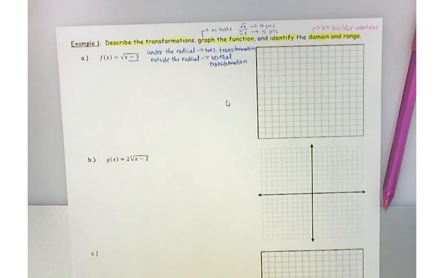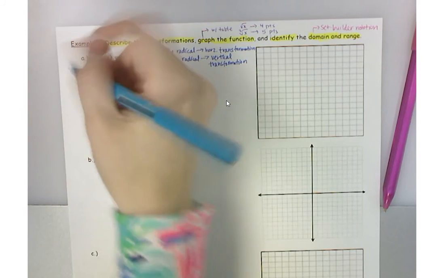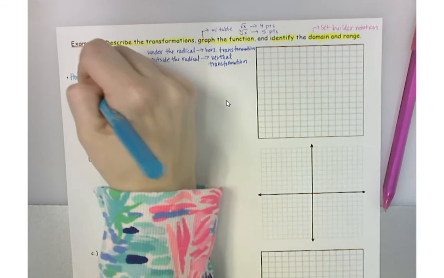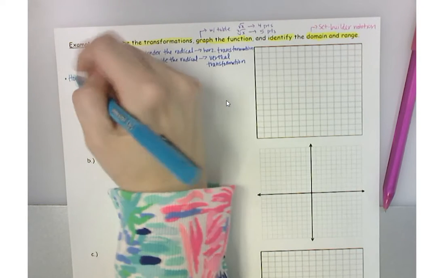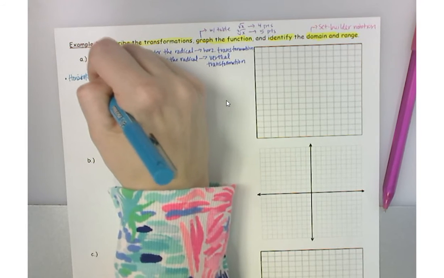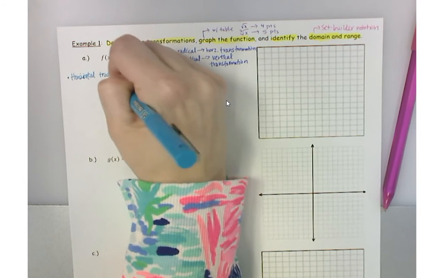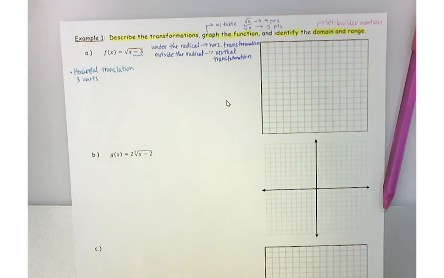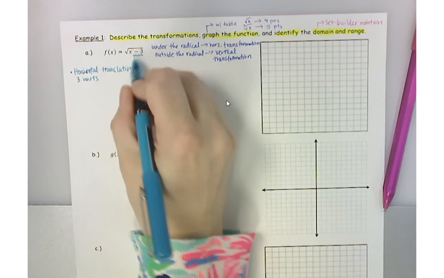Because remember, if it's inside the parentheses, it's deceiving. If you see the minus 3, you're really going 3 units to the right. Is there anything else that's different from the parent function? Nope, so this is our only transformation. Okay, so we need to have that part.